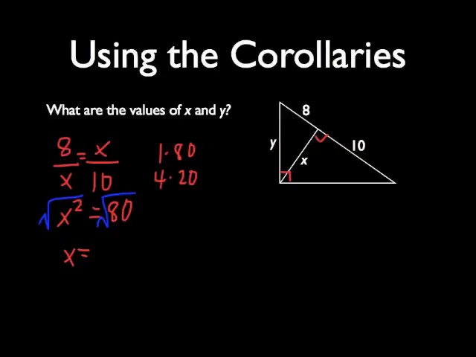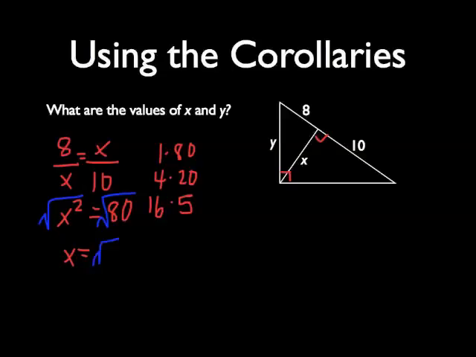Not going to look at 5 because it's not a perfect square. 6 isn't, 7 isn't, 8 isn't. 9 doesn't go into 80 at all. There's 10 times 8, but neither one of those is a perfect square. 12 doesn't go into it. Neither does 11, 13, 14, 15. 16 goes into it 5 times. Oh, I should have looked at 5.